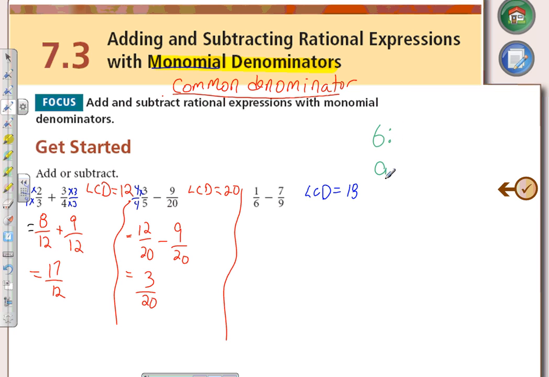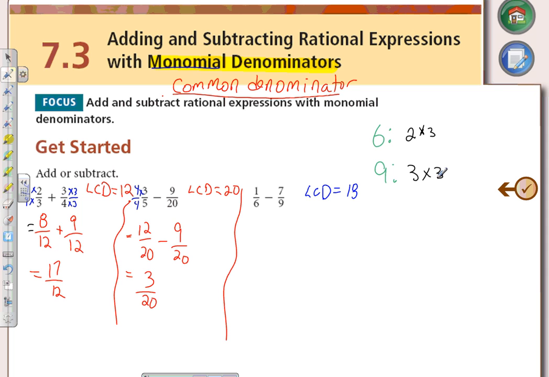6 and 9. We need the lowest common multiple, which is the lowest common denominator of them. Break it down into its prime factors. 6 is made up of 2 times 3. And 9 is made up of 3 times 3.